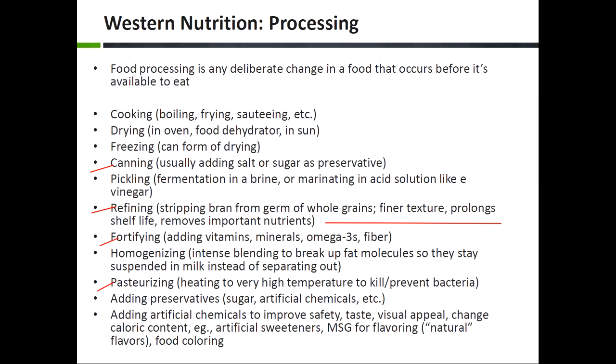Now they take the molecules of the fat and do intense blending, breaking them down, so the milk and the cream become one. That is not natural. Ideally, milk and cream should separate.